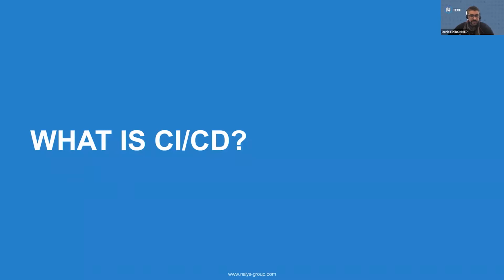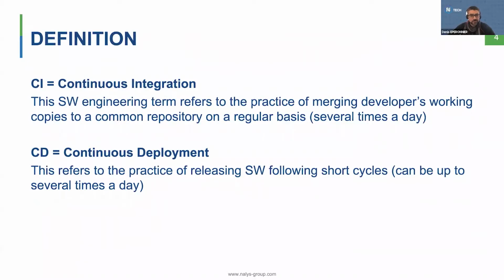So what is CI/CD? First, some definitions. CI stands for continuous integration. That is a software engineering term which refers to the practice of merging developer work into a common repository on a regular basis. So typically you could merge several times a day, and continuous integration is meant to help that.